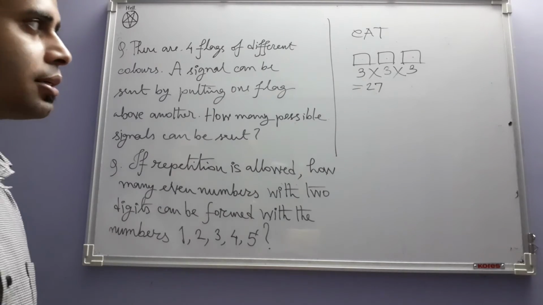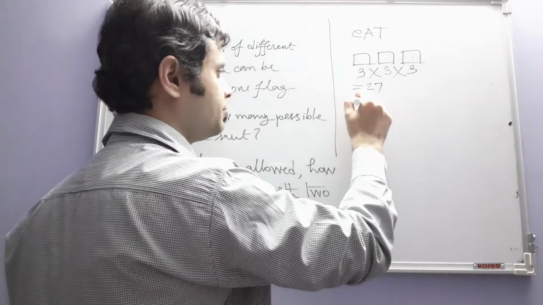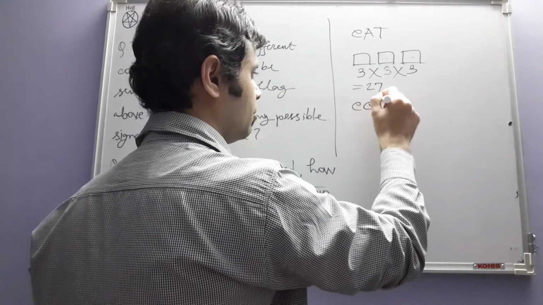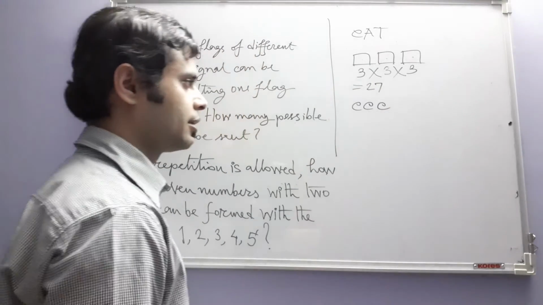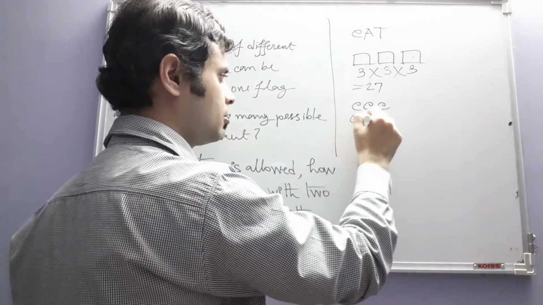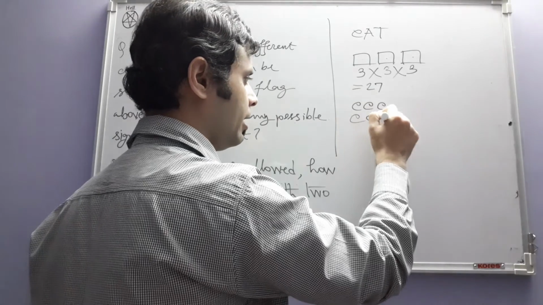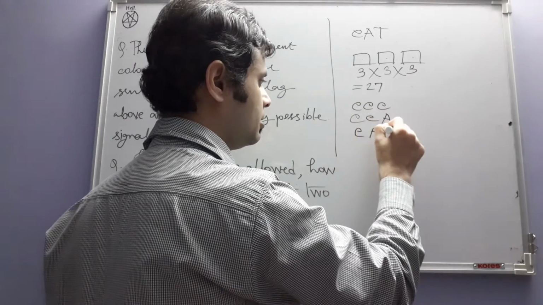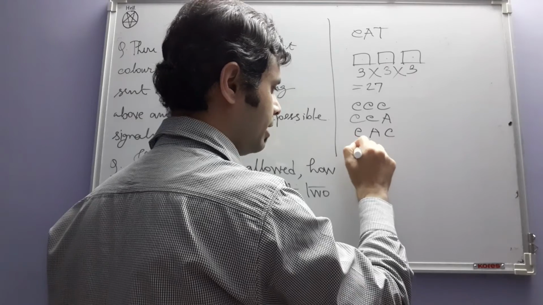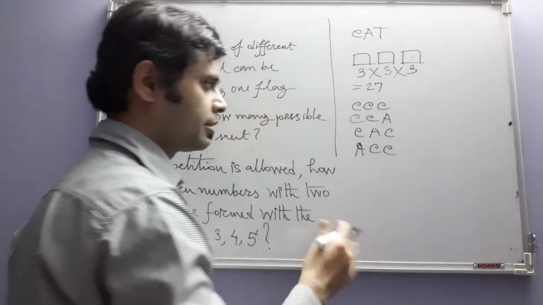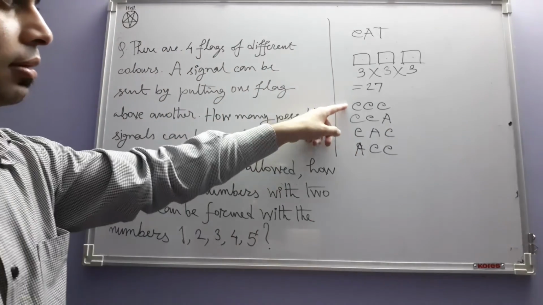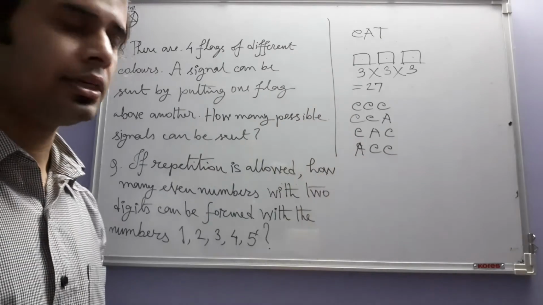If you want, you can try to find them. They will look like this. Say you can have CCC, CCA, CAC, ACC, things like that, where only A and C are there.